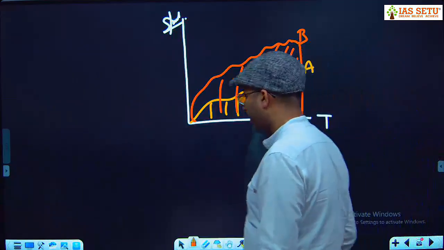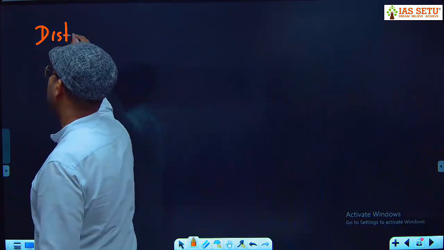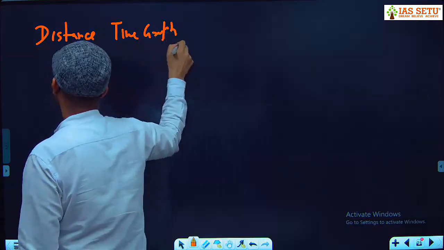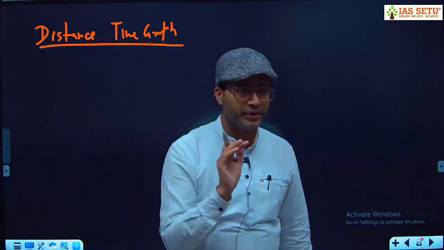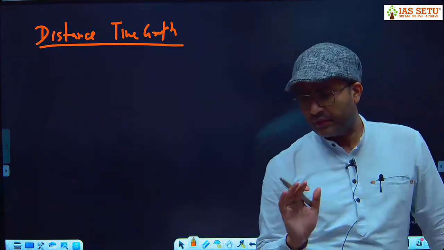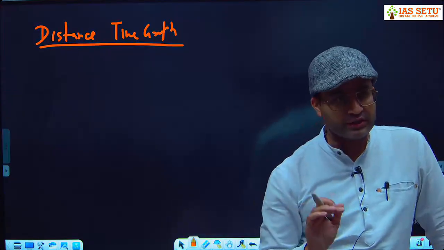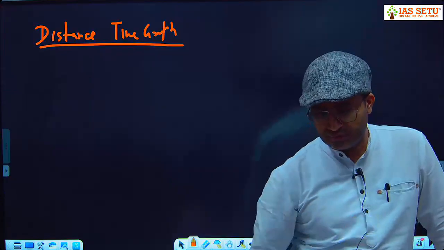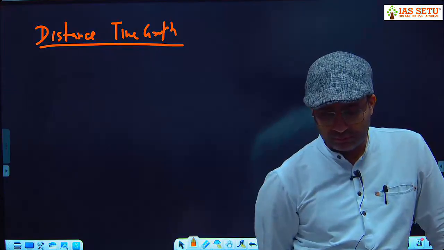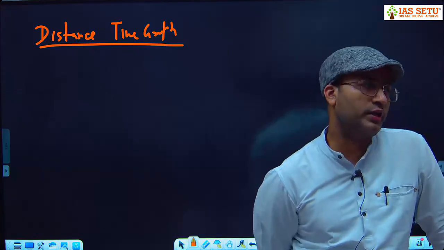Next is distance time graph. If examiner give you distance time graph, in a distance time graph we can compare speed without any calculation. लिख लो, in a distance time graph, कोई अगर distance time graph दिया है, in a distance time graph we can compare speed without calculation.